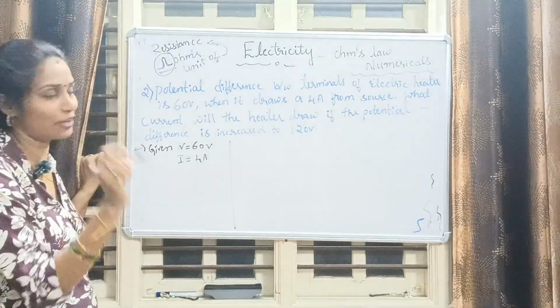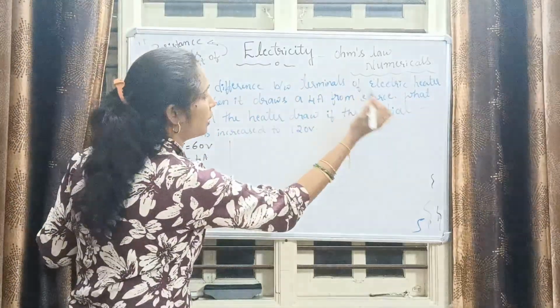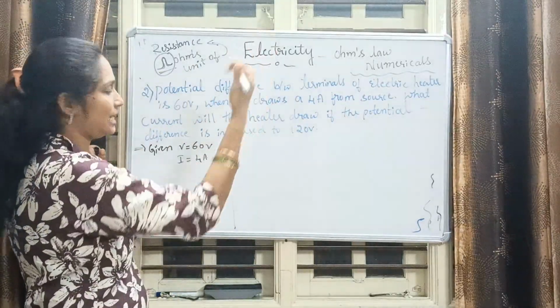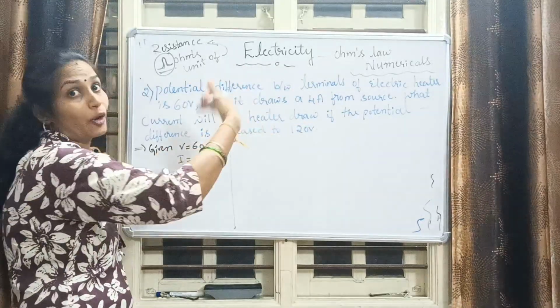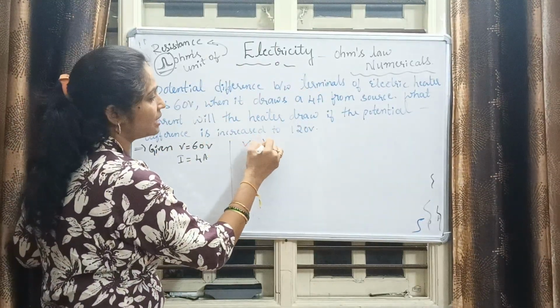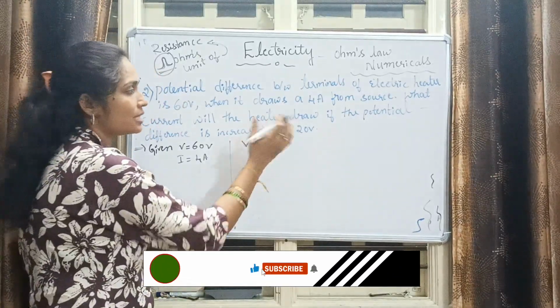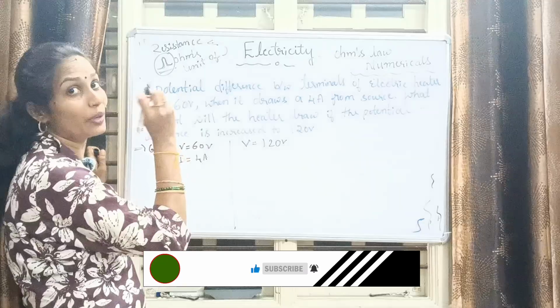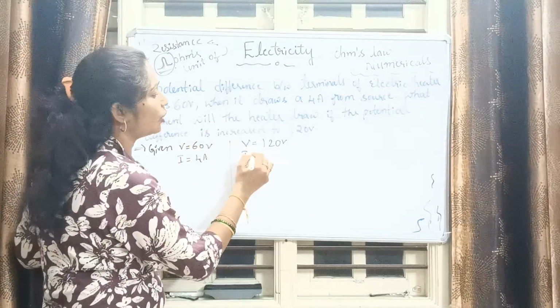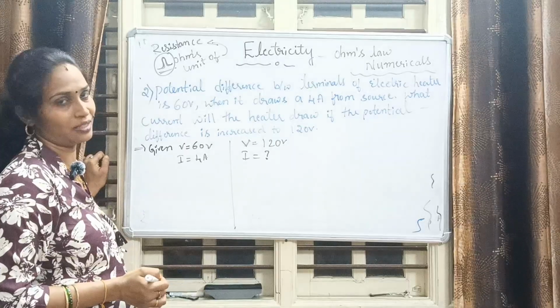Now please be careful. What current will the heater draw if the potential difference is increased? They are increasing the potential difference to 120 volt.